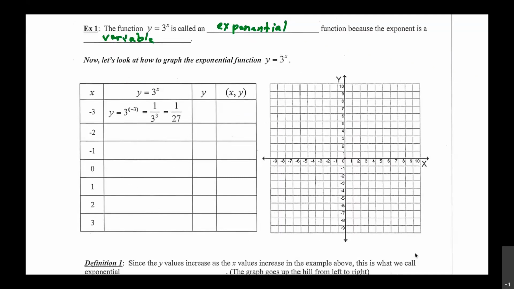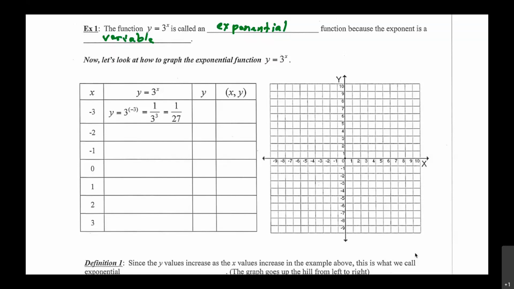And now here's where some of that stuff that we talked about in chapter 6 comes into play. So 3 to the -3rd: remember, a negative exponent does not make a number negative. It turns it into a fraction. So 3 to the -3rd is 1 over 3 to the +3rd. 3 to the 3rd power is 27.